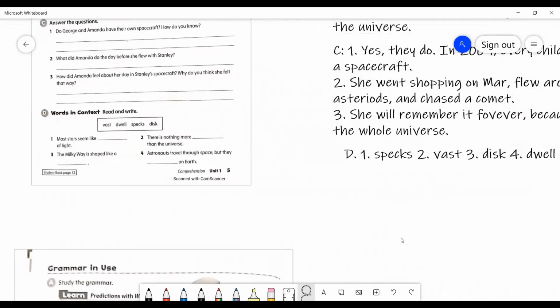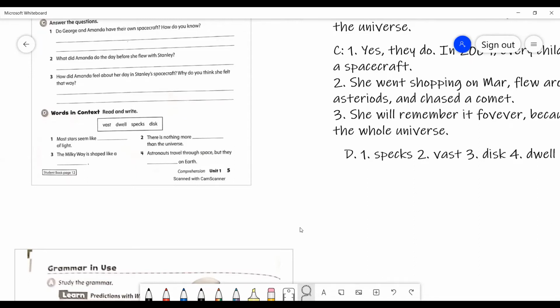So now we will complete the D part, words in context, read and write. So we should write these words in the given box in the 4 sentences. Number 1, most stars seem like specks of light.